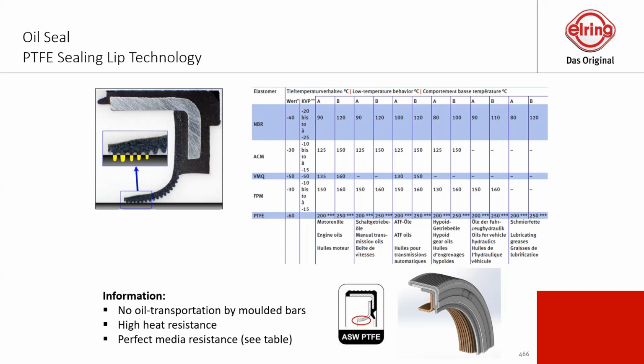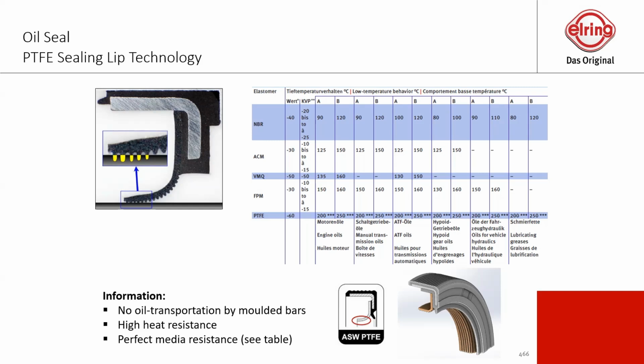It's quite good, but this technology also created some headaches for the mechanics, because they had the knowledge about how to mount the classical oil seal, and they did it all the same way with the PTFE, and all of them failed. There's a reason for it, and I will explain why.